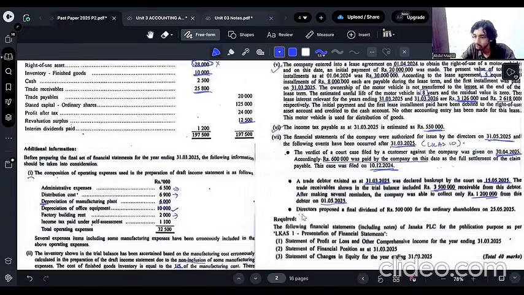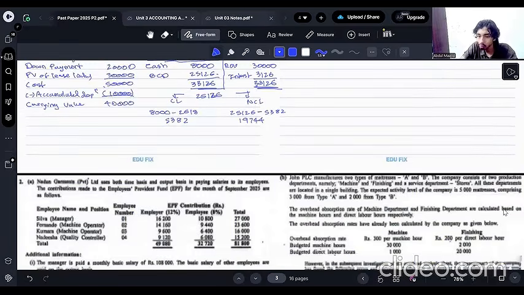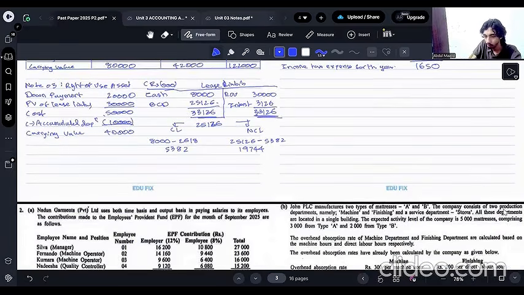Then next one. Directors propose a final dividend of 500,000 for ordinary shareholders on 25th of May 2025. Directors proposing a dividend is a non-adjusting event. You have to show that in a note. You can say note number 4.